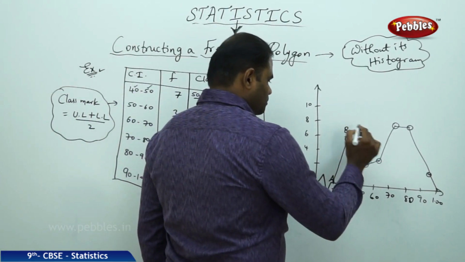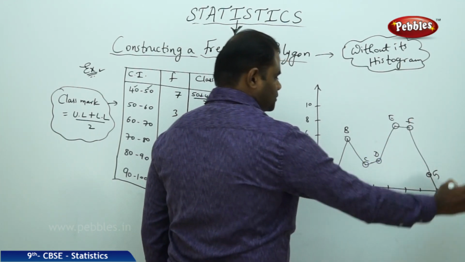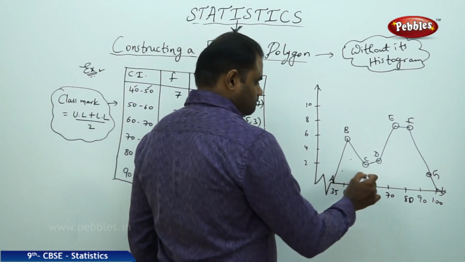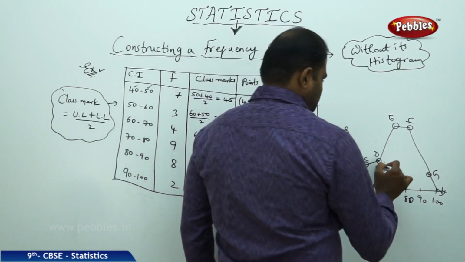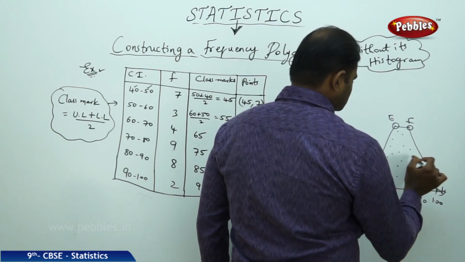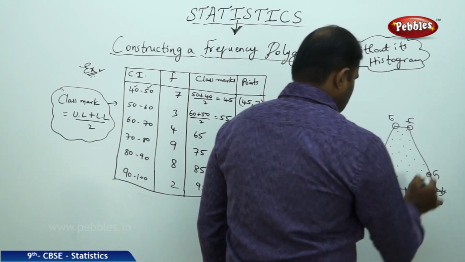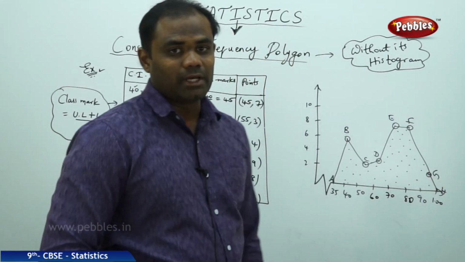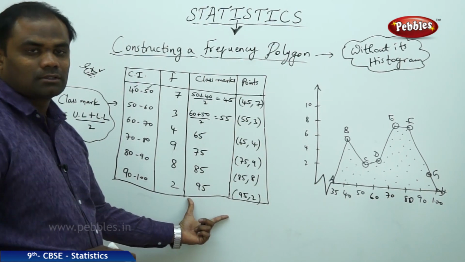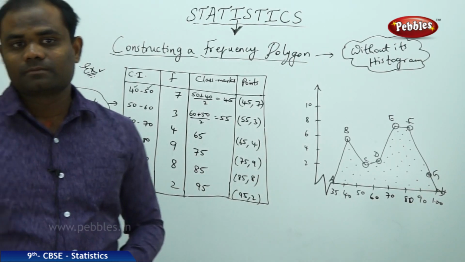A, B, C, D, E, F, G, H is a polygon which is a frequency polygon, given by this region. A frequency polygon is constructed without the help of a histogram using the class marks. Class mark equals upper limit plus lower limit by 2.